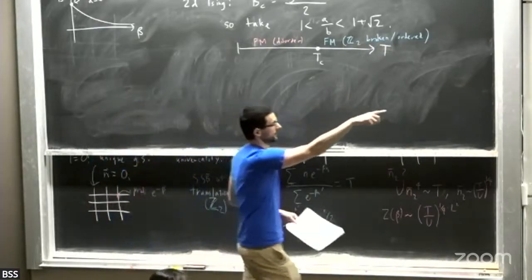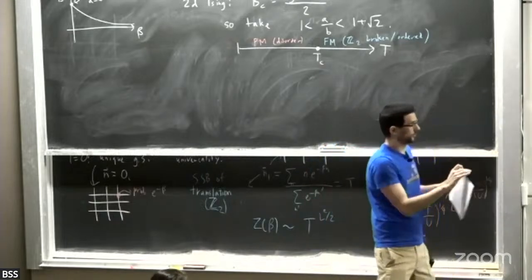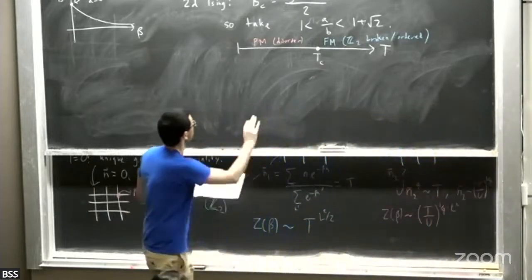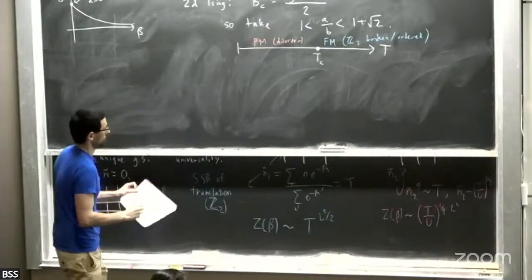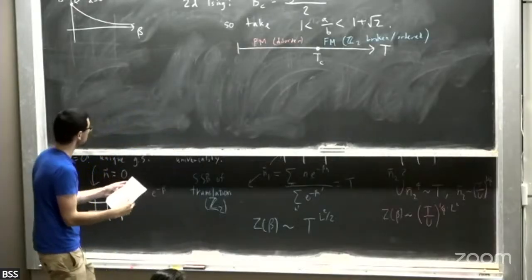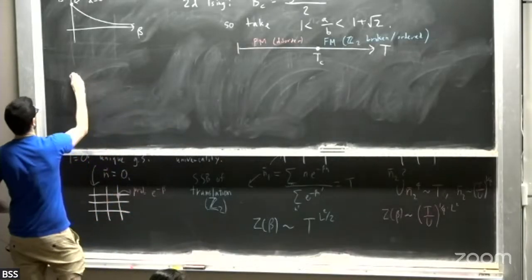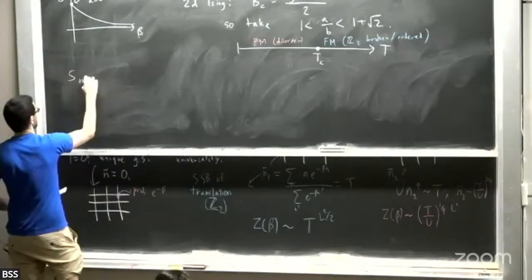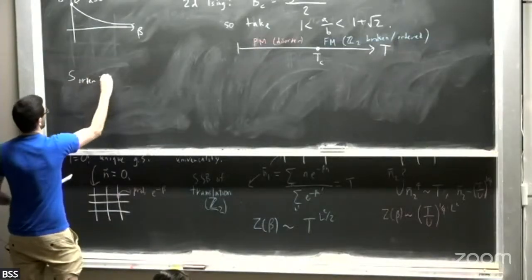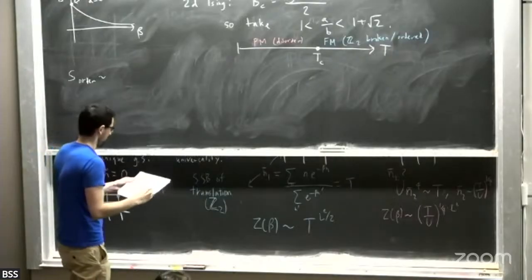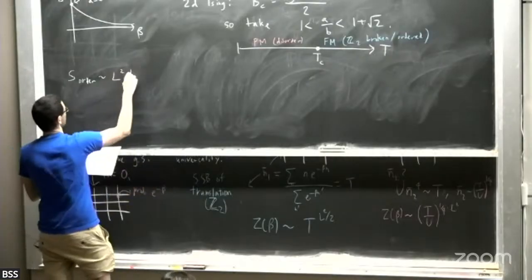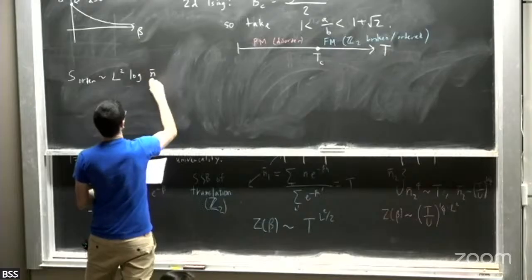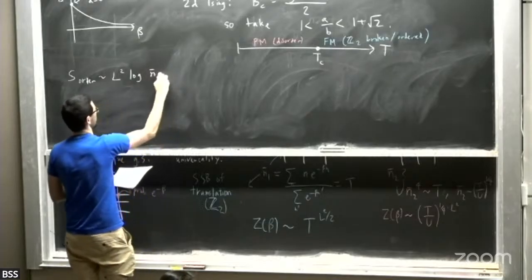It's actually, in this sense, a cleaner illustration than what I said before. We can see why we're getting order at high temperature by the following argument. We can again estimate the entropy in the ordered phase. So in the ordered phase, we have roughly L squared times the log of the number of bosons in the ordered phase.